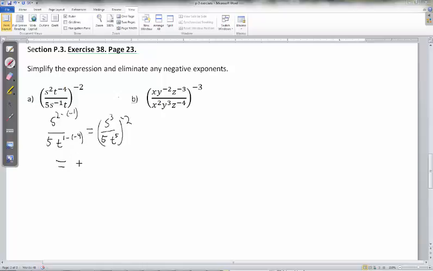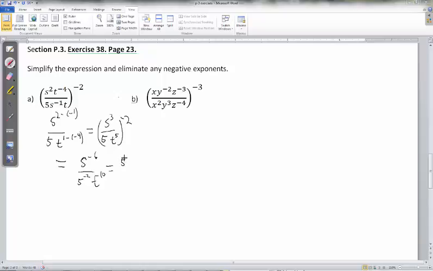Now we distribute the negative 2 and we have s to the negative 6, 5 to the negative 2, t to the negative 10. Everything's a negative exponent at this point. So we flip all our factors from top to bottom. Remember, this is an s, not a 5.